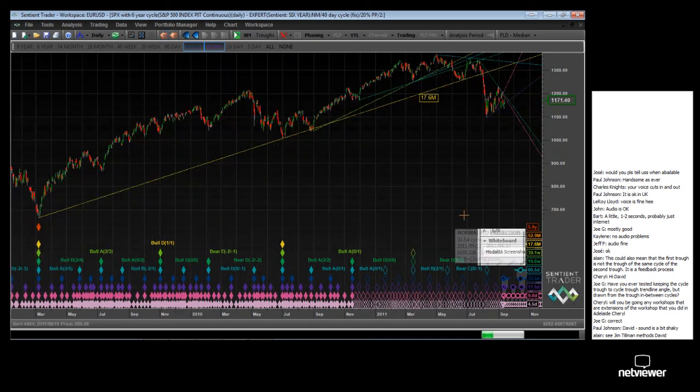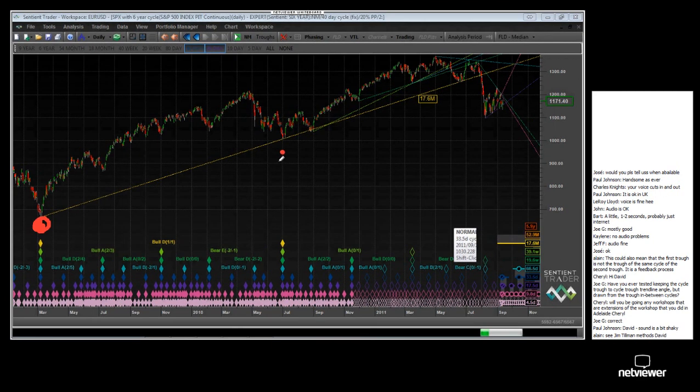Here is the 18-month VTL connecting this trough over here with, I beg your pardon, it actually was connected. Let me zoom out and do this properly. It's connecting a much older trough. Let me zoom out and find that.